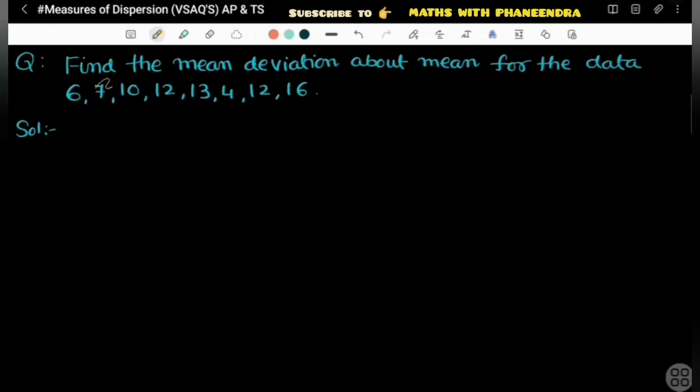So the first question: find the mean deviation about the mean for the data 6, 7, 10, 12, 13, 4, 12, 16.